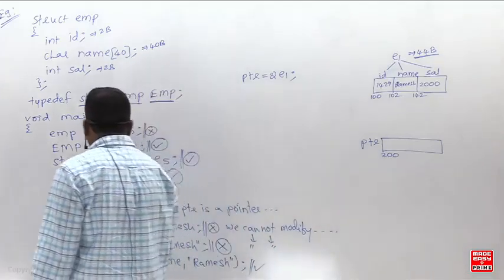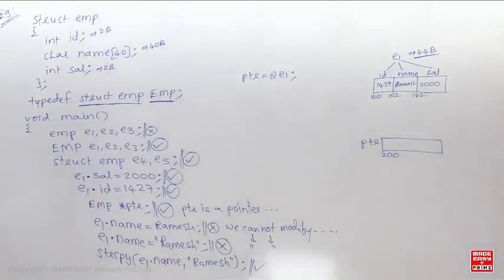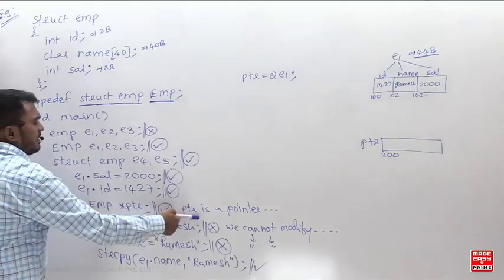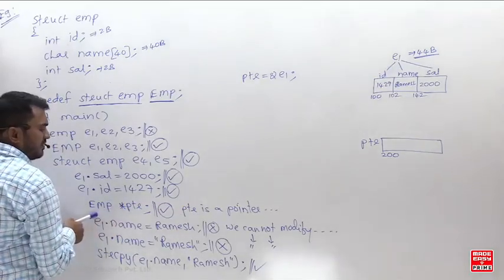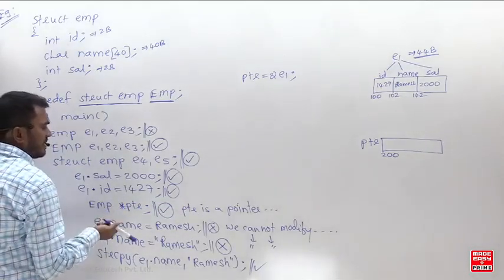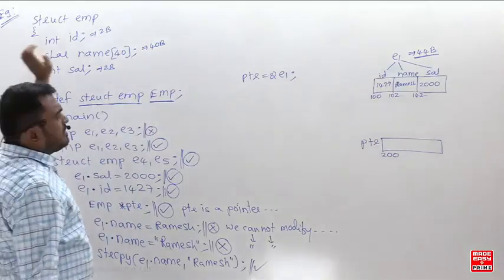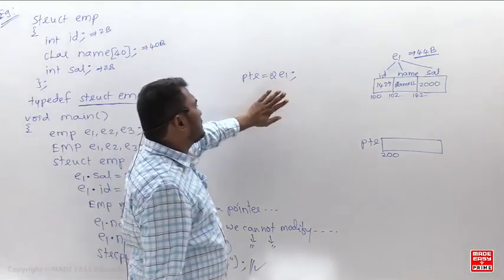We said ptr is a pointer variable of type structure emp, where we can write the address of any structure variable. So I'm writing ptr equal to address of E1. Now tell me, is this allowed or not allowed?